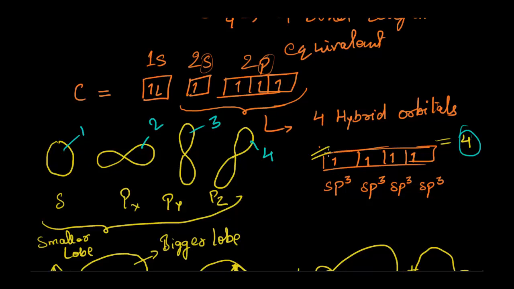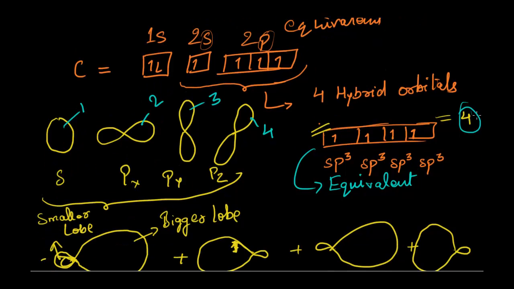These hybrid orbitals will be of equivalent energy, and we say that they'll make stronger and stabler bonds than the normal orbitals. If I have to make a bond with all these 4 orbitals, my hybrid orbitals will make a stabler and stronger bond.